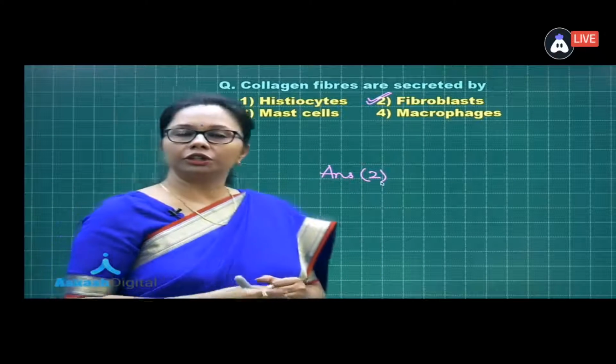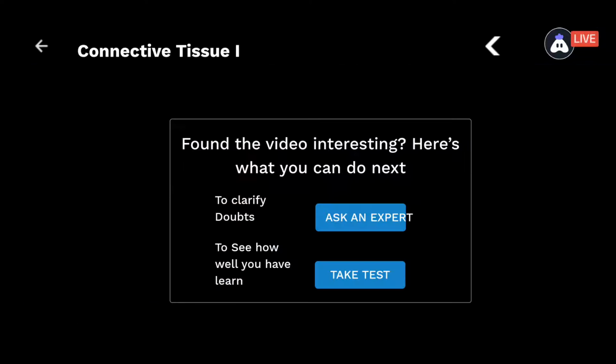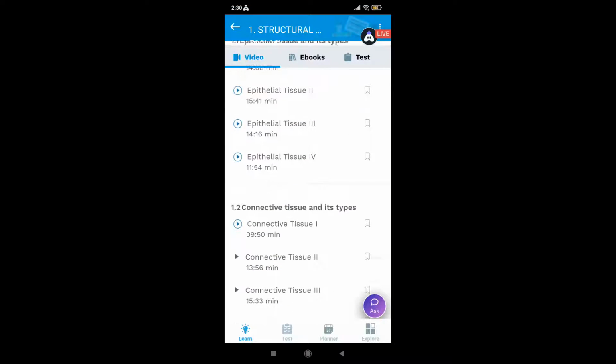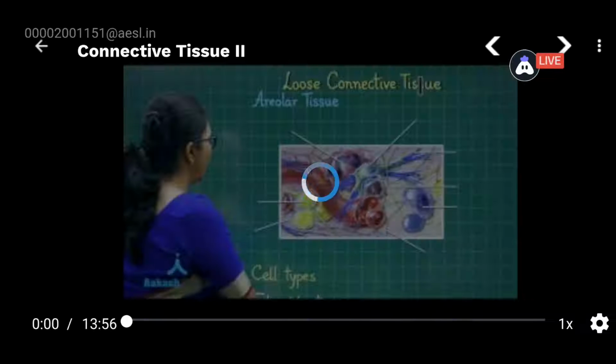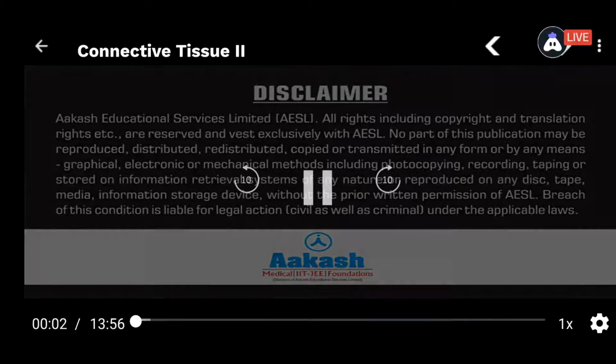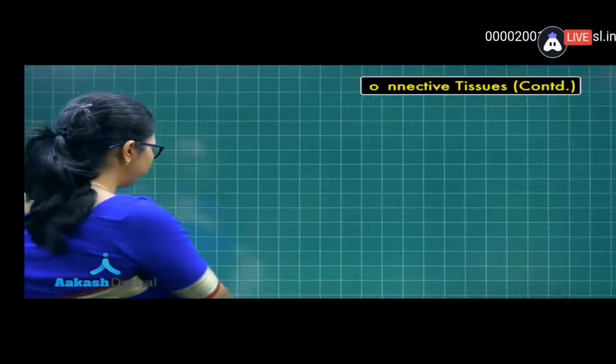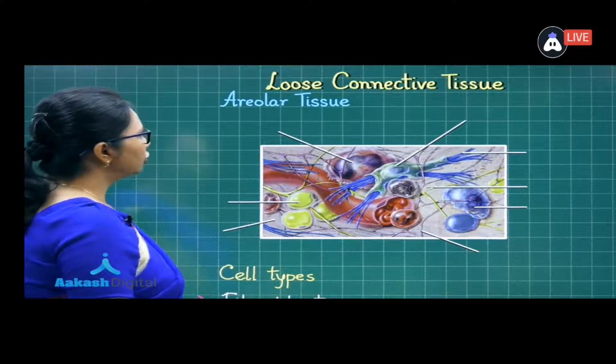Now let's start with our discussion on the loose connective tissue, and in this, the first one, the areolar connective tissue. Now here we have a section through areolar.